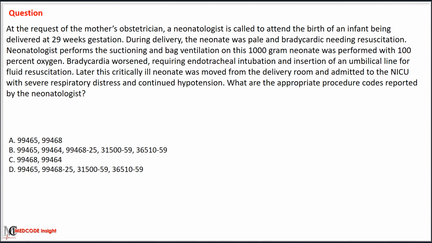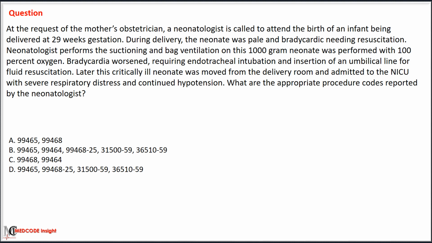Option A with the codes 99465 and 99468. Option B with the codes 99465, 99464, 99468, along with modifier 25, 31500 along with modifier 59, 36510 along with modifier 59.